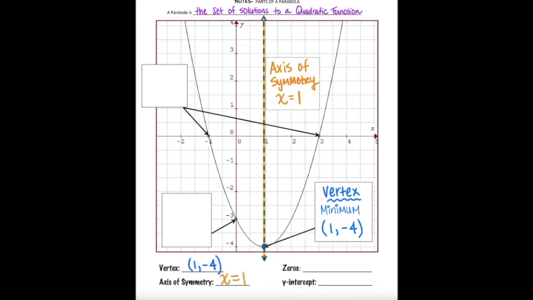The next part of our parabola here that we're going to look at are these 2 points where the parabola is crossing the x-axis. So it crosses the x-axis going down, turns around at the vertex, and then crosses the x-axis again, going the opposite way. These are called the parabola's zeros.